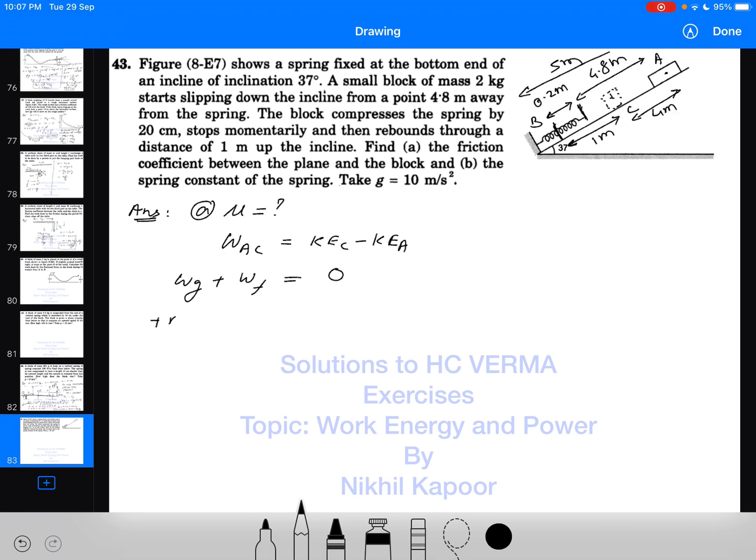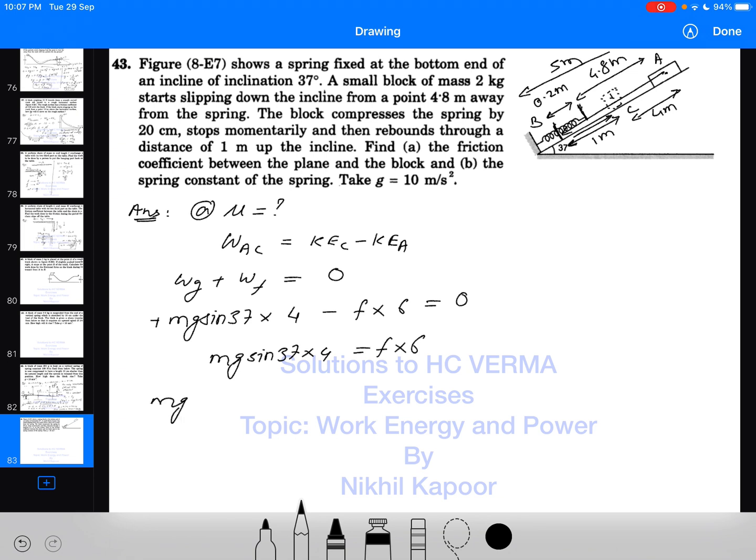So work done by gravity is positive, mg sin 37 into displacement of 4 meters, but work done by friction is negative, and that would be frictional force into the path length, because friction is a non-conservative force, so we must take the total path traveled by the body. The total path traveled is 5 meters down the plane and 1 meter up the plane, so that comes out to be 6 meters, equal to 0. So mg sin 37 into 4 is equal to frictional force into path length.